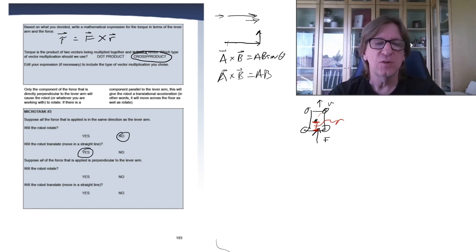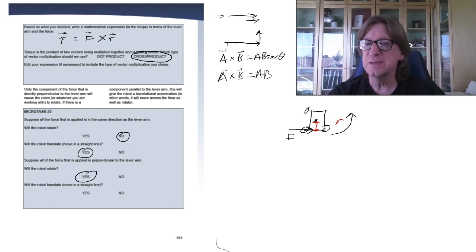All right, so suppose all the force is provided perpendicular to the lever arm. Let's see how that's different if we're looking at our robot here. We've still got our lever arm, that's r, but now my force is going to be applied this way. Will that cause my robot to rotate? Yes, right? You see that it's now going to rotate this way.